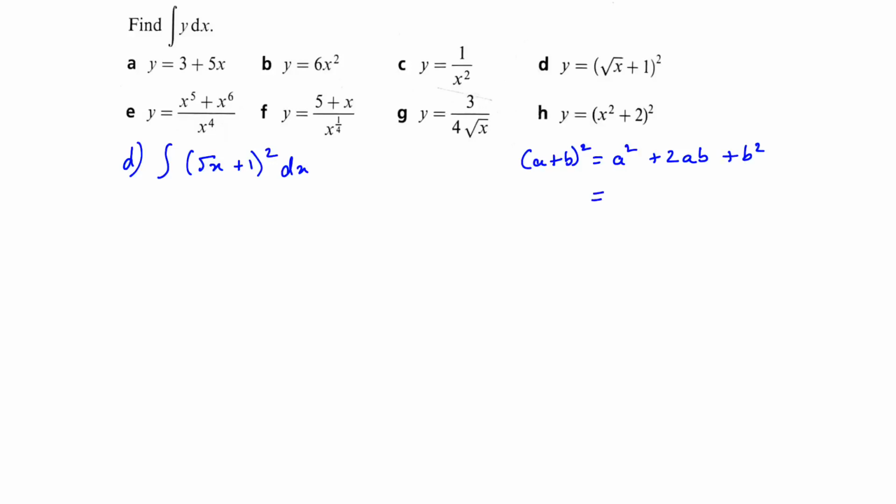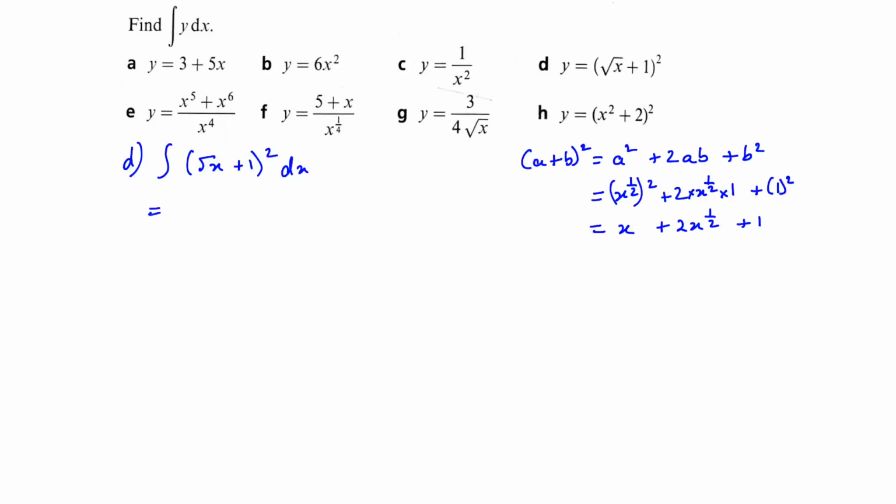In this case, our a is x to the power of half. So we replace our a with x to the power of half, and our b is 1, so we replace it with 1. When we simplify this, we will get x plus 2x to the power of half plus 1.